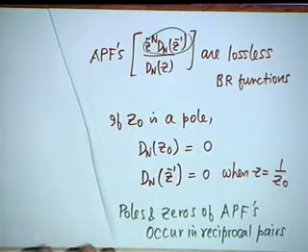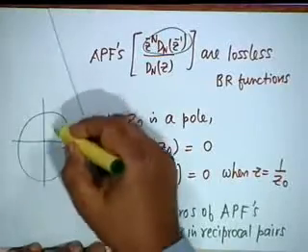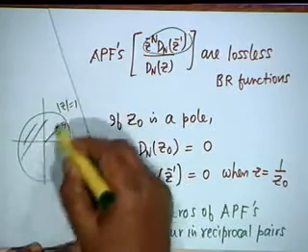It is a very important property because it says that since the APF is to be stable, the magnitude cannot be bounded unless it is stable. Therefore, all poles must be inside the unit circle. Okay?